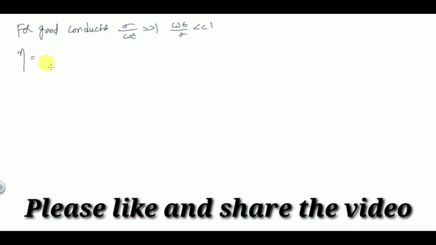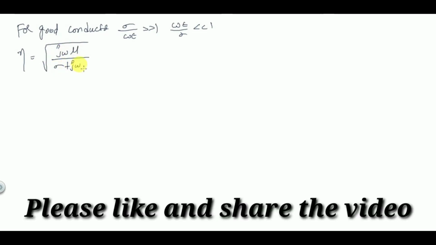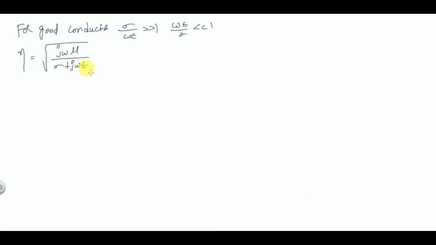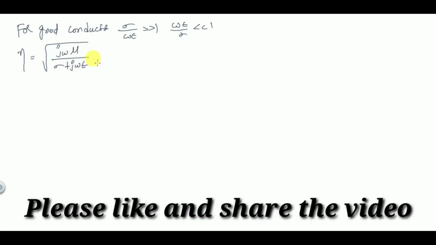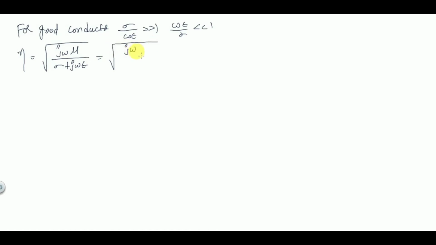So we are left with the intrinsic impedance. The actual formula is root of j omega mu by (sigma plus j omega epsilon). Take sigma common in the denominator: sigma into (1 plus j omega epsilon by sigma). This value is very much less than 1, so it is neglected.